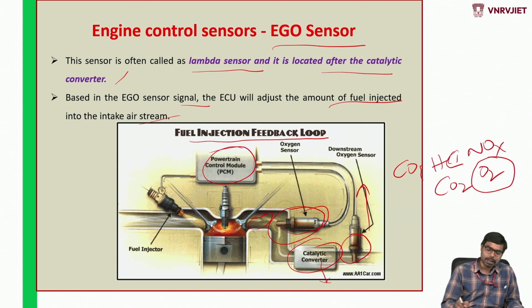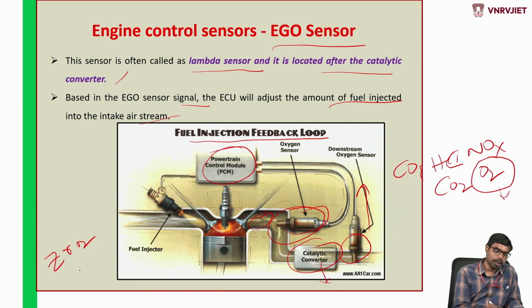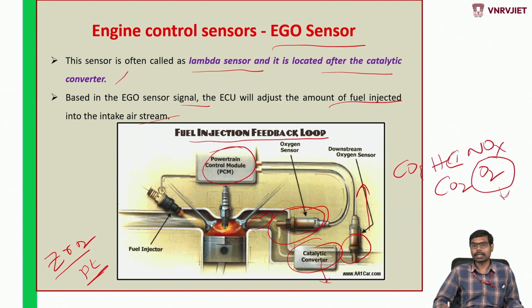So the sensor I am going to use, like the EGO sensor, should attract only oxygen molecules, and the remaining gases should go away. The sensor having ZrO2, zirconium dioxide, and platinum elements will attract the oxygen molecules if any oxygen is present, so that it can give the information to the ECU.